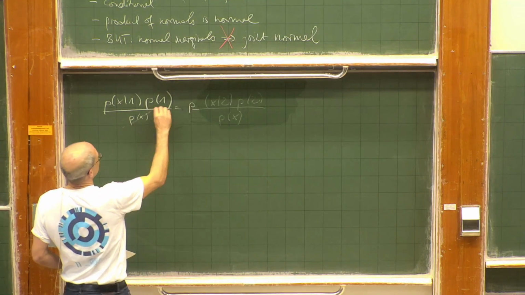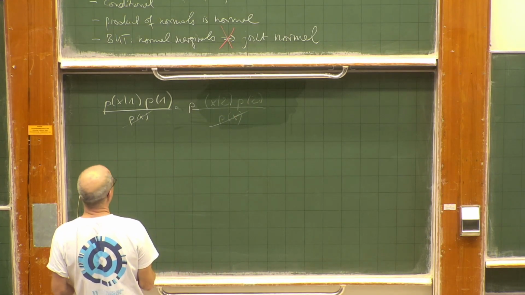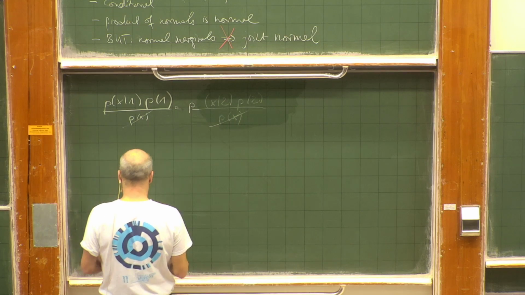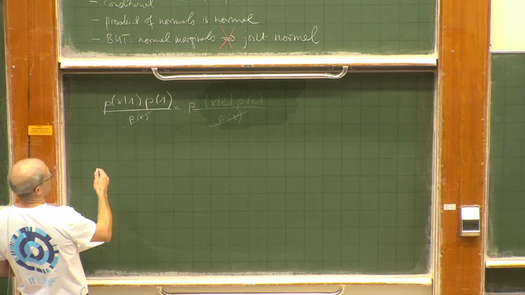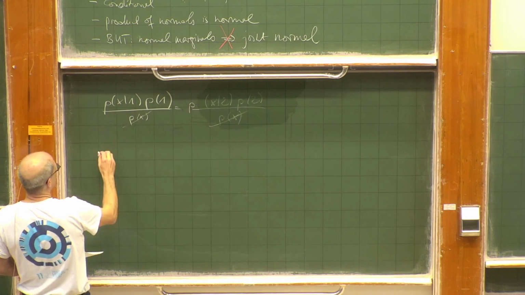We see that the denominator cancels, and we can write down explicitly what this would be. So I put a normal here.